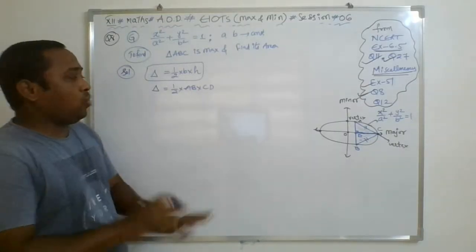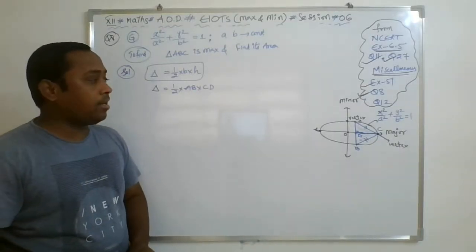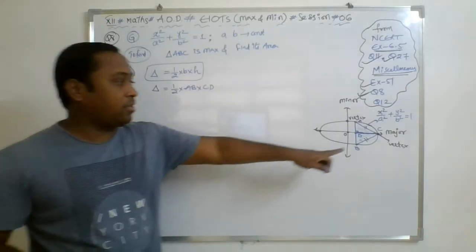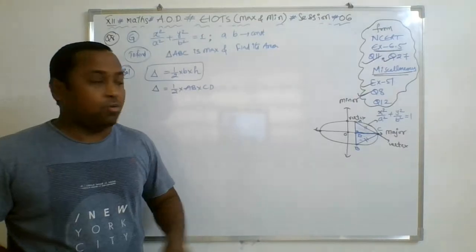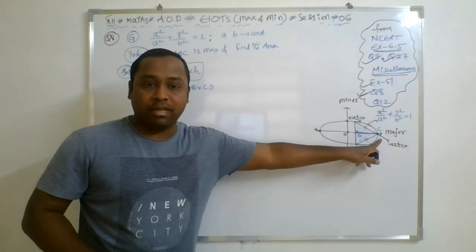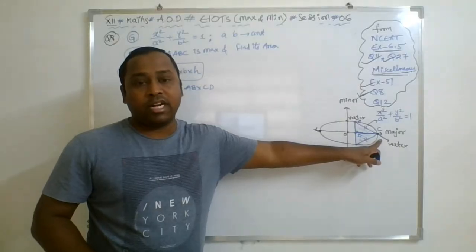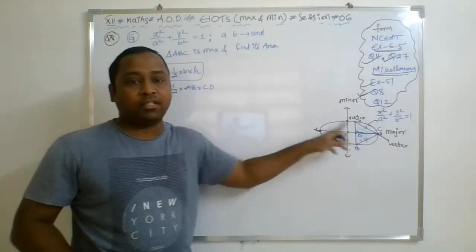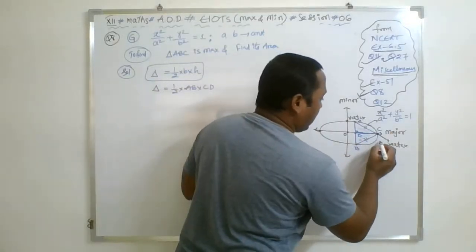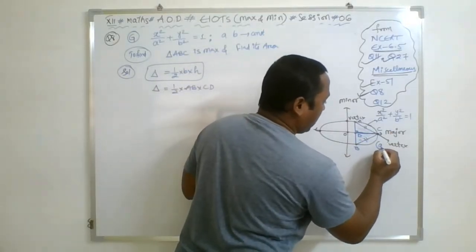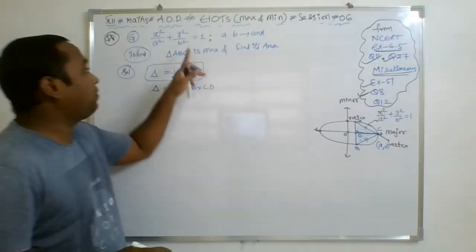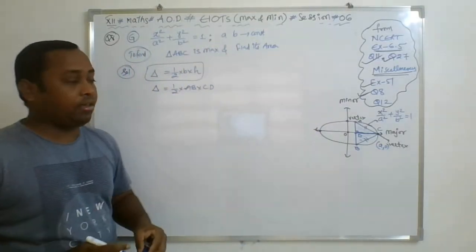And I don't know anything about the vertices of the triangle except C, because if this is an ellipse and this is a vertex of the major axis, the coordinates of the vertices will be (a, 0) and (minus a, 0). Hence, I can definitely say the coordinate of C is (a, 0), in terms of the constants a and b.